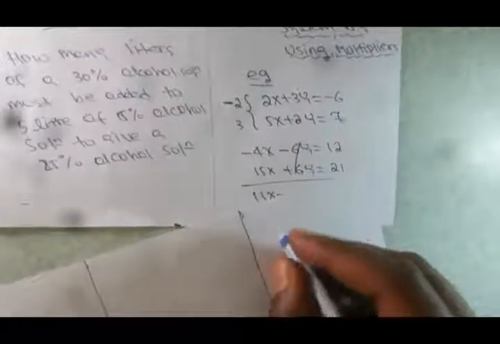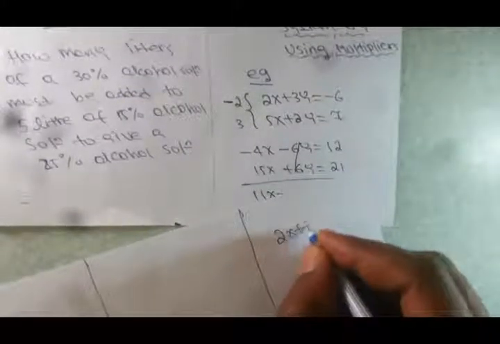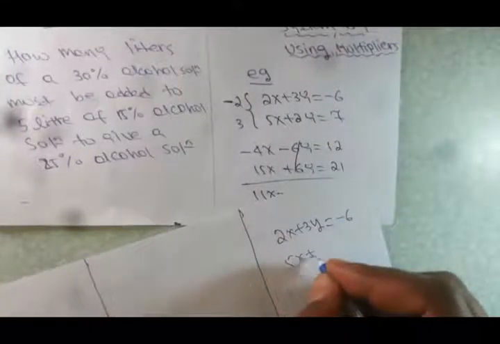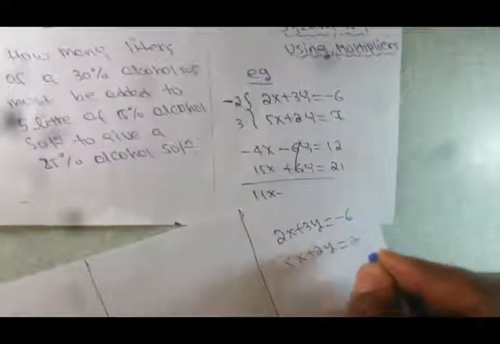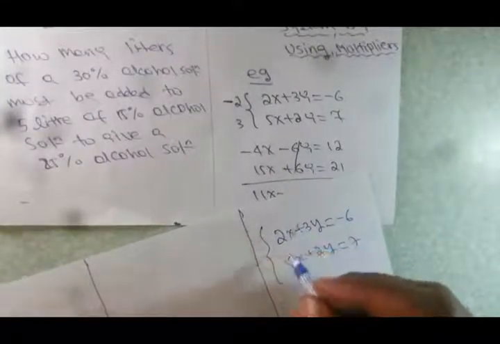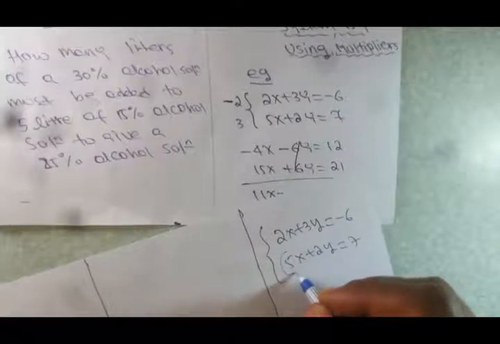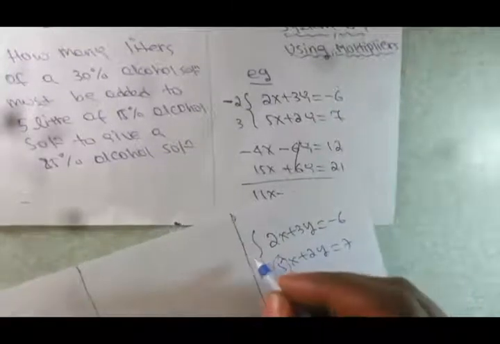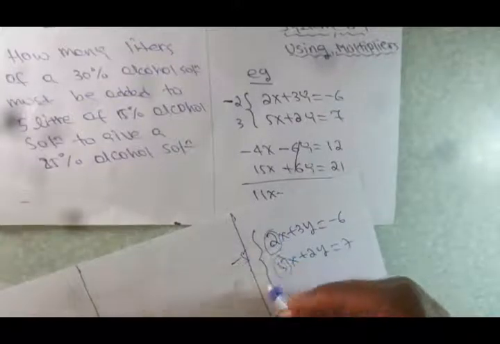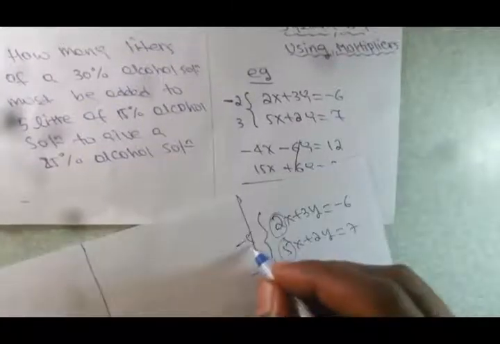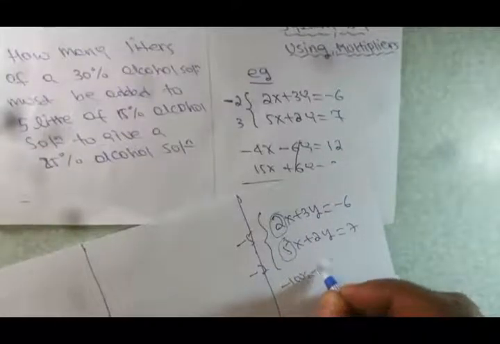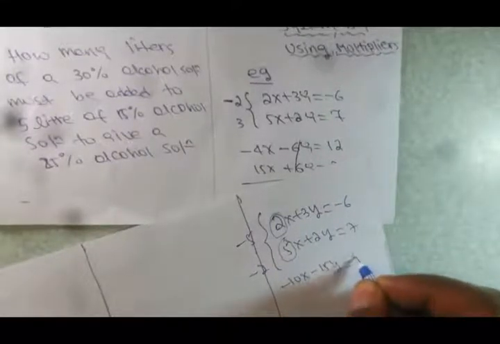And example 3 is to solve 2x plus 3y is equals to minus 6 and 5x plus 2y is equals to 7. So to solve this, first we have to take the reciprocal of this number. This is 5. We have to take the negative of 5, minus 5. We have to take the negative of this number, minus 2. Therefore minus 10x minus 15y is equals to 13.